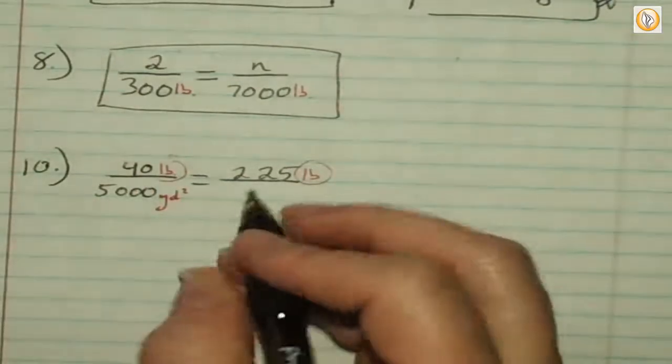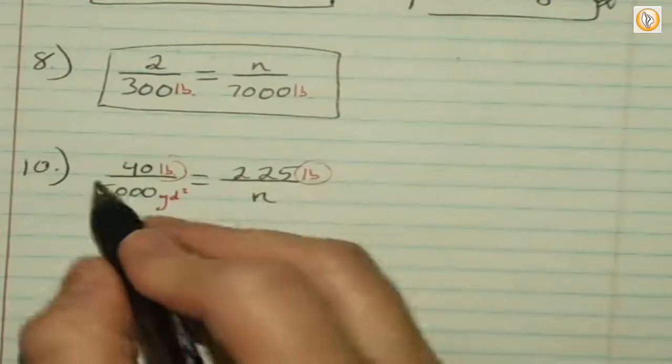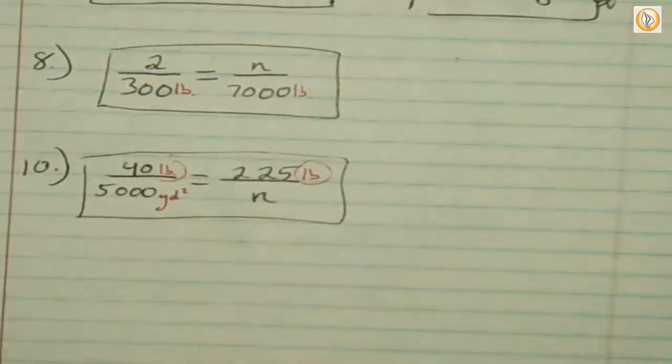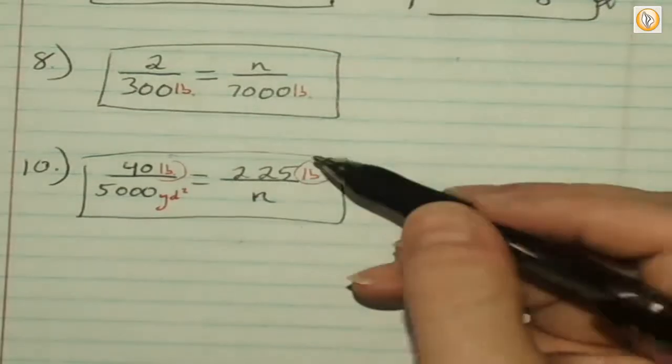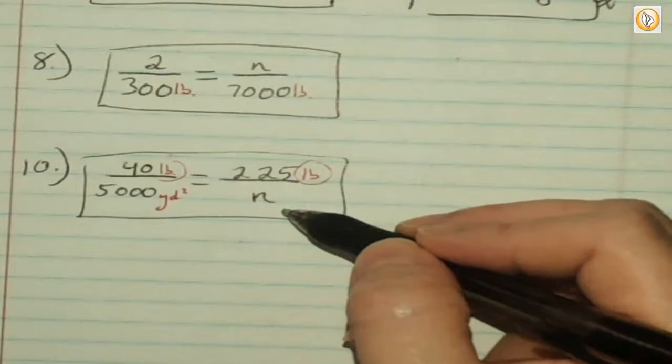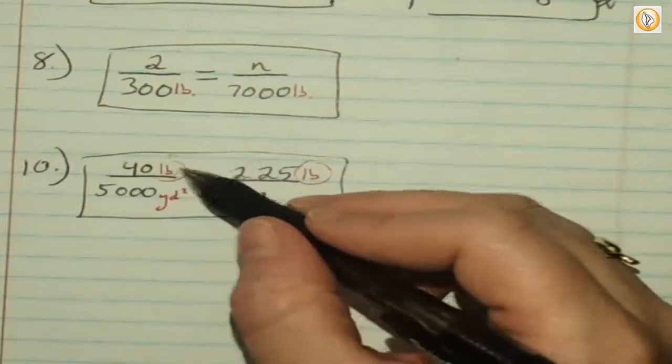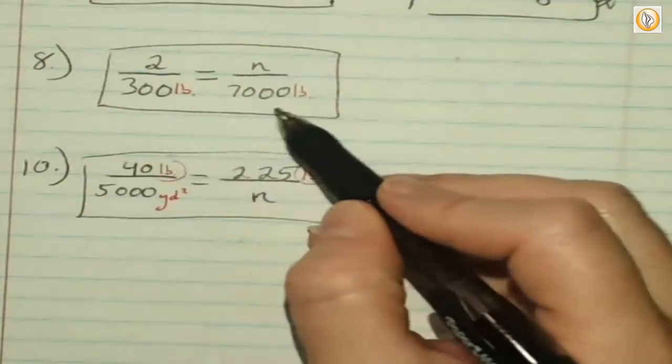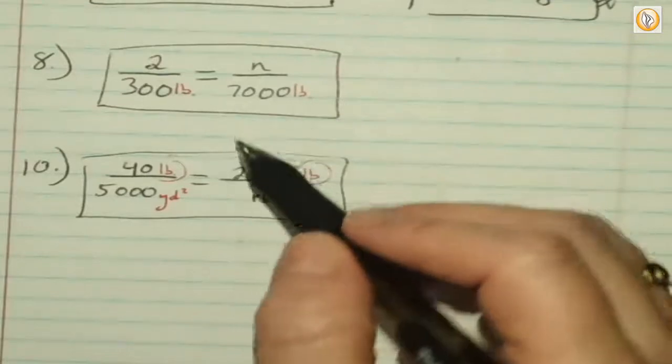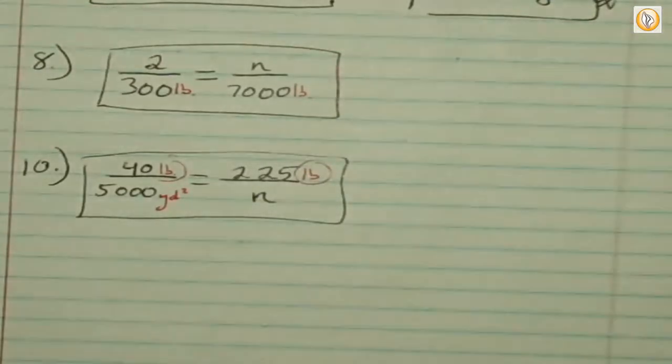So then under here we can put N or X. Very good. And then you're cross multiplying to solve for N, but they just want you to set up proportions. So you see this time the N's going to go on the bottom. So make sure you line up the stuff that they give you. Any questions?